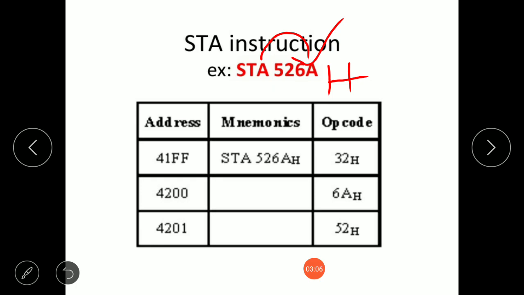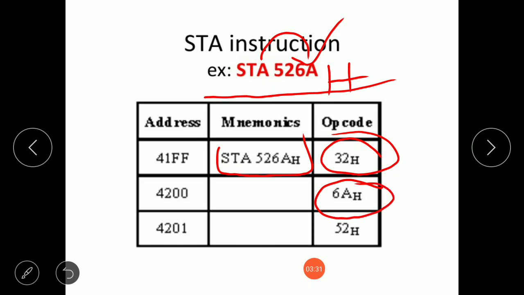Let's see how many machine cycles are needed for this instruction. The machine codes for STA 526A are: 32H is the opcode for this instruction, then the lower byte of the address, then the higher byte of the address mentioned in the instruction.